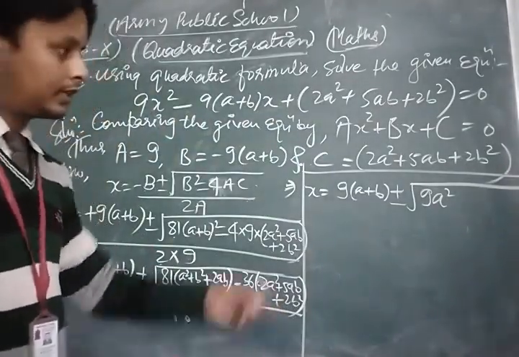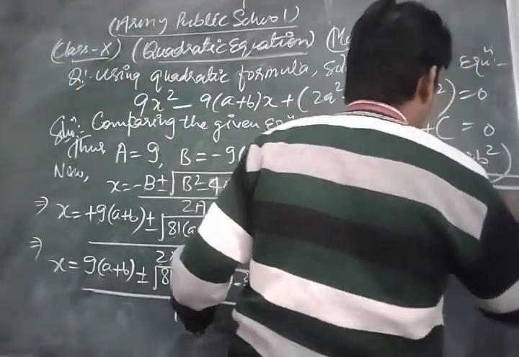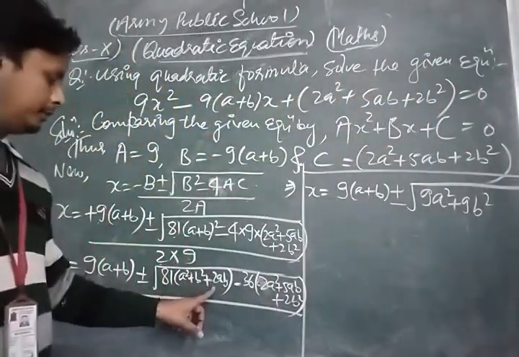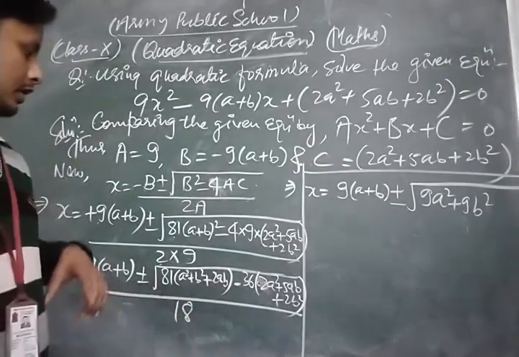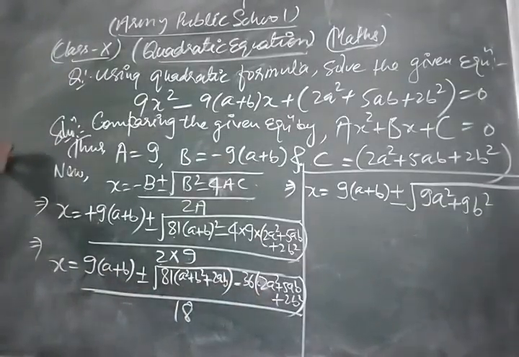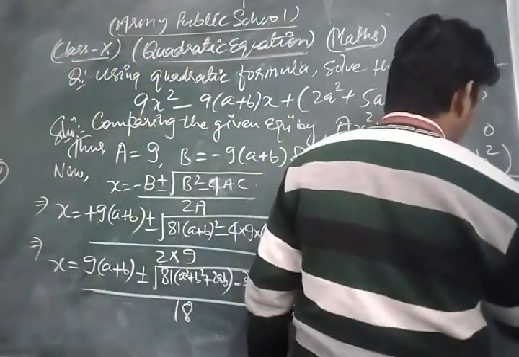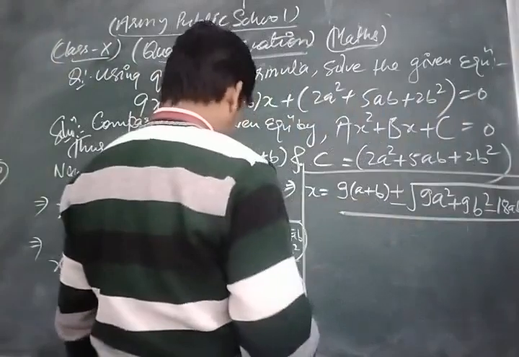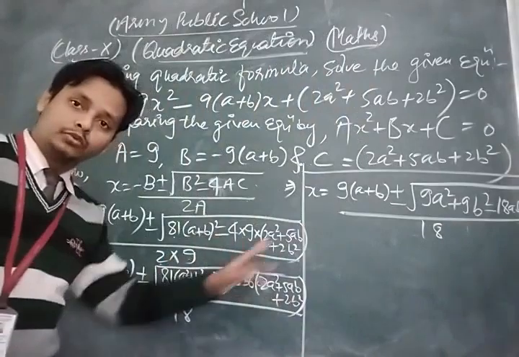Now 81 into 2 is 162 ab, and minus 36 into 5 is 180, so 162 minus 180 leaves minus 18 ab. All divided by 18. So we simplify the given expression and we get this value.